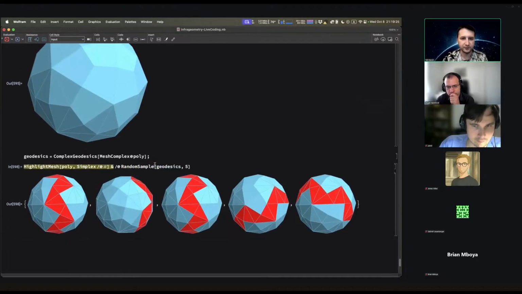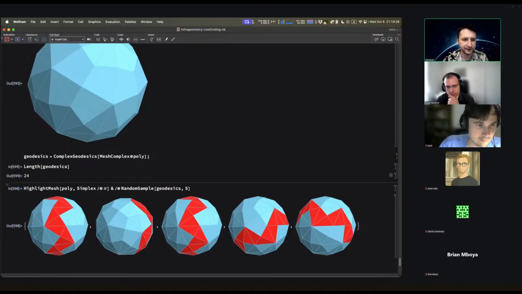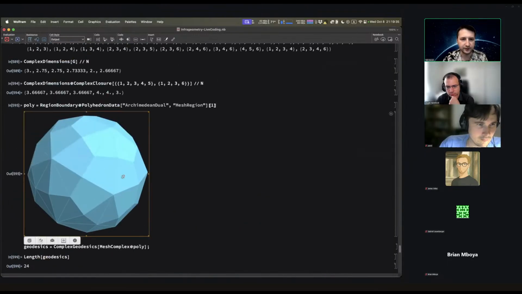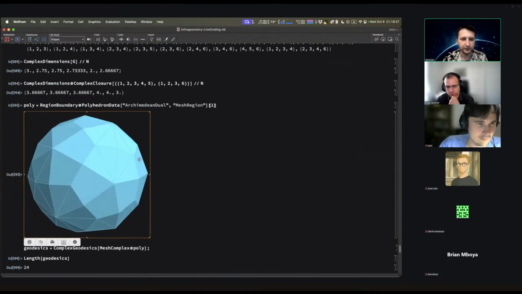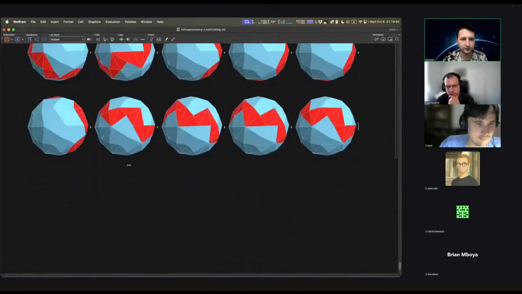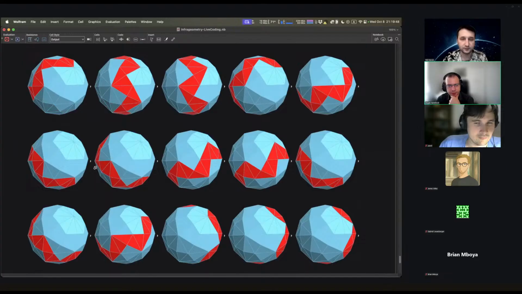So anyway, how many of those? This code enumerates all possible JD6. They're not supposed to be intersecting even. So if you have this particular polyhedron, this is all possible geodesics that you can have. Is that starting from a particular triangle?